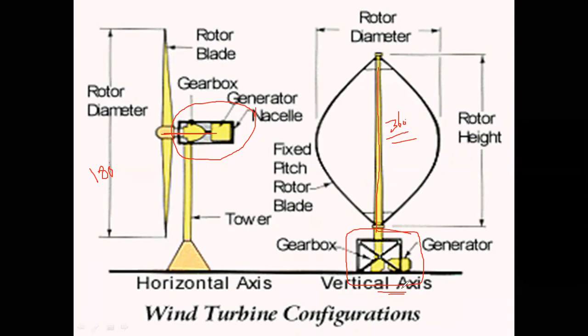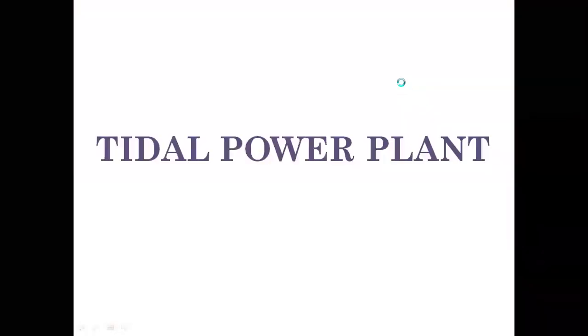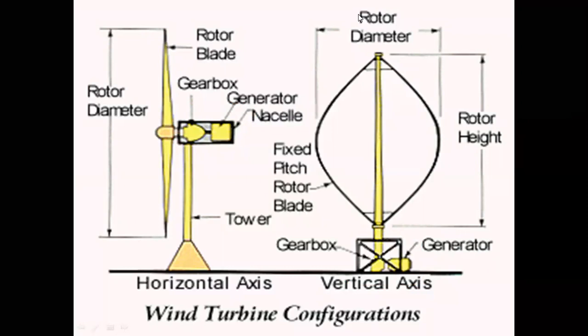And in the horizontal axis windmill, the performance is dependent on wind direction, only for the particular direction, that is it is rotating for 180 degrees. But in the vertical axis windmill, the wind performs in any direction, that is it is rotating in 360-degree mode. These are the differences or comparison between horizontal axis and vertical axis windmill.